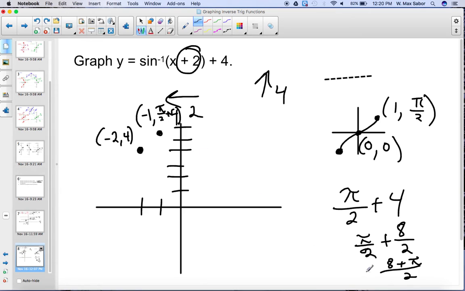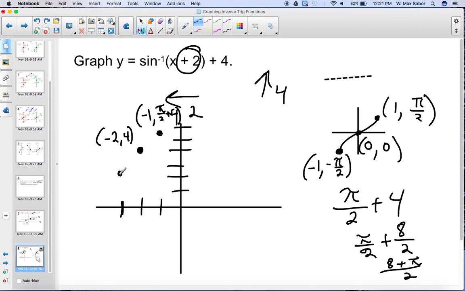So I needed to figure out what it was approximately in order to graph it on the coordinate plane, but I'm just going to label it by its exact value, pi over 2 plus 4. Same thing happens with our original point of negative 1 comma negative pi over 2. It's being shifted left 1, so at negative 3, and then being shifted up 4, so it's going to be 4 minus pi over 2.